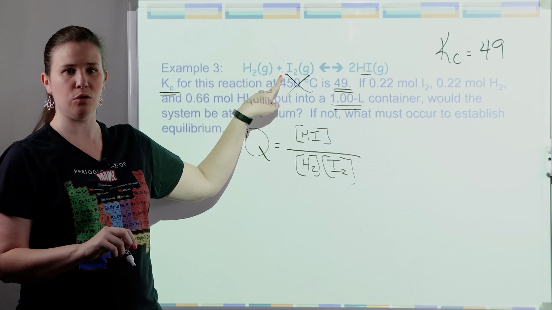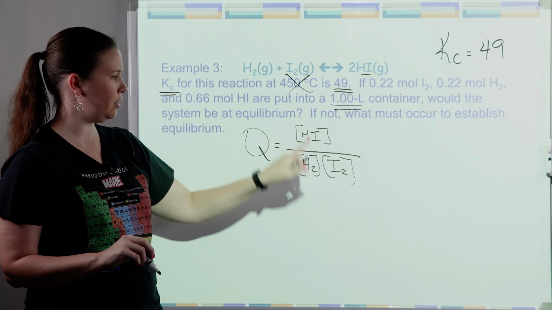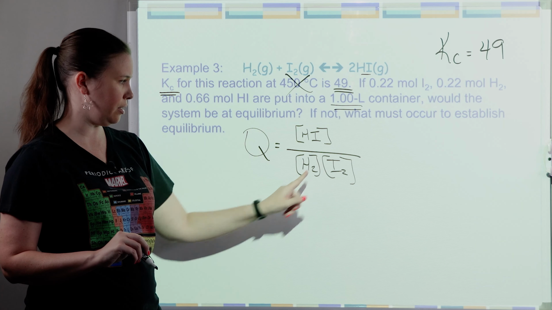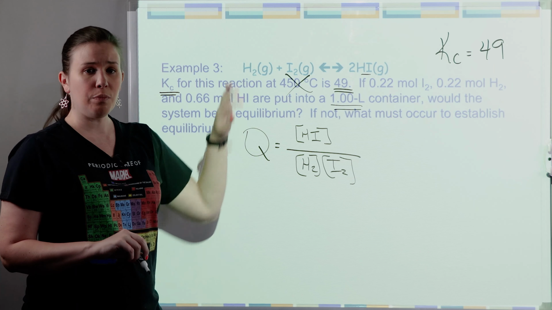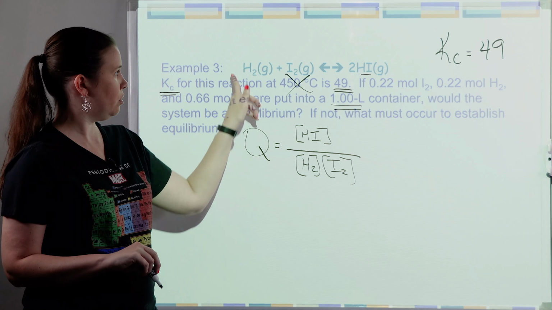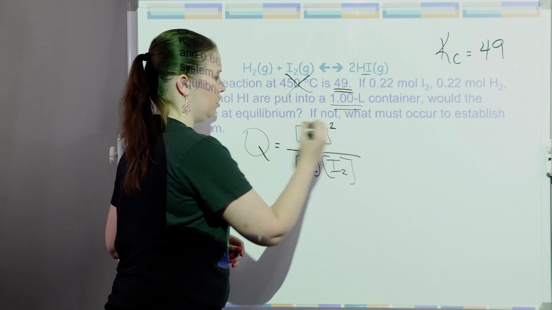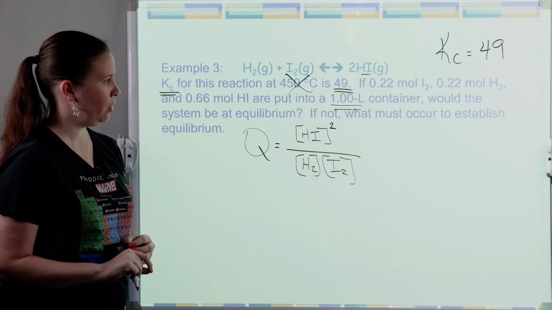Remember, this is just a notation that I have hydrogen and iodine. The math would be a multiplication, so there's no plus sign in between here. Once you have product over reactant, check your coefficients. 1, 1, don't need to do anything, but the 2, I'm going to need on the HI.